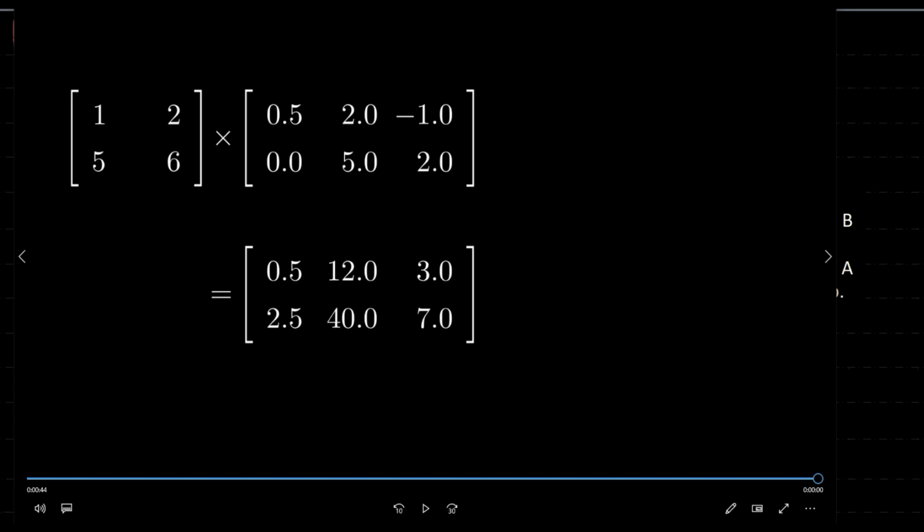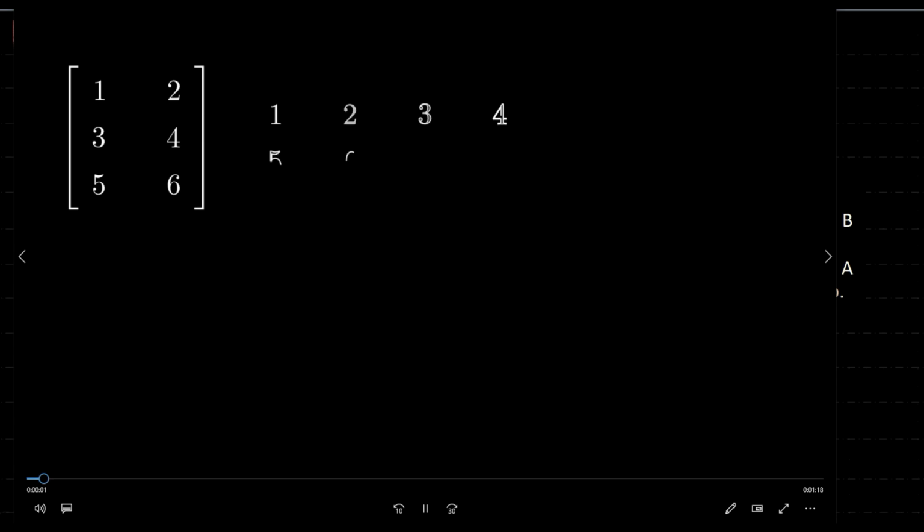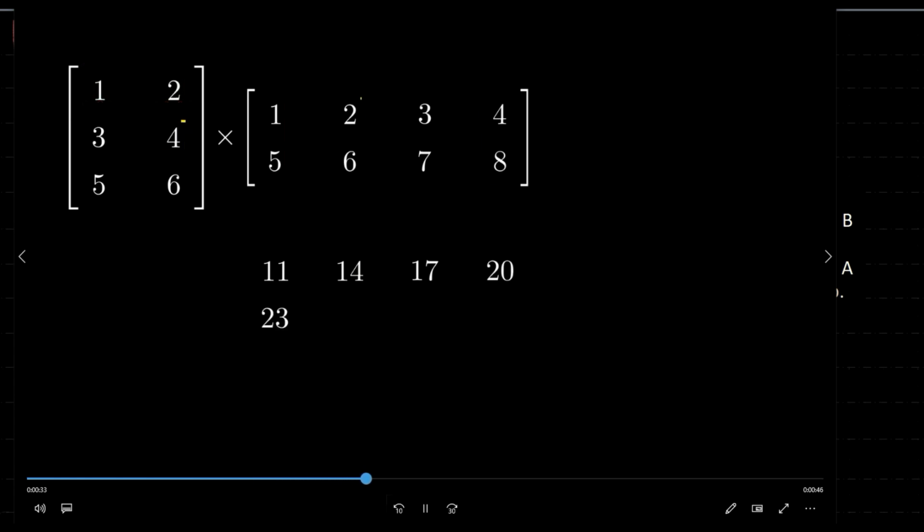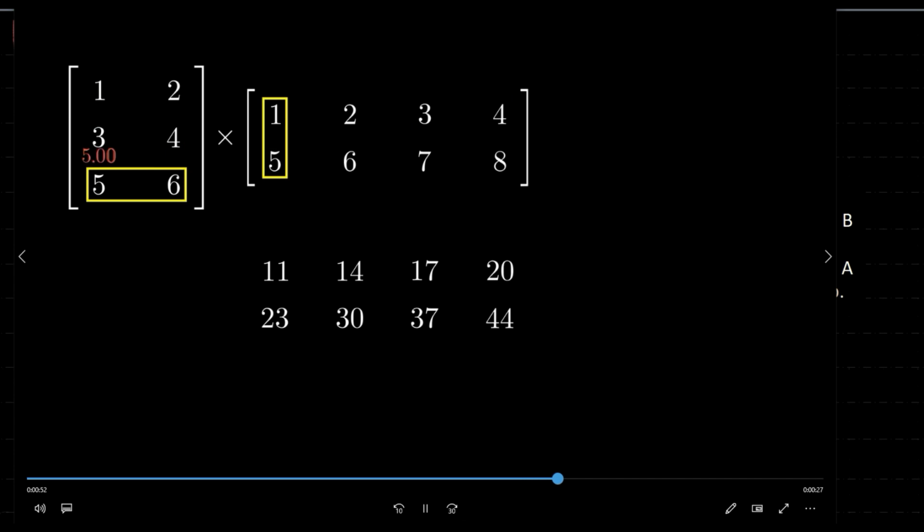So do you think matrix B is influencing the order? Let me give you one more example. I'll run it fast. Guess the results over here.